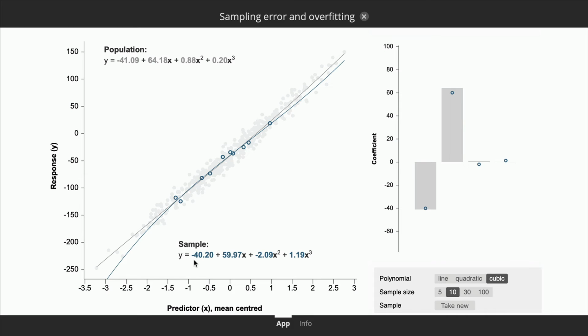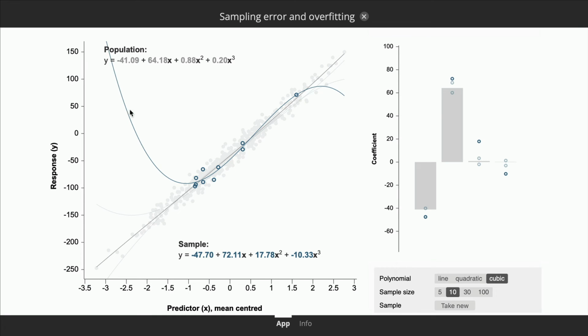But if you look at the sample, you can see that they are much larger or smaller, because it's negative, right, than 0. Moreover, if I start taking a new sample, look at this one, how different is it, right? Again, this is the polynomial of degree 3 for the population, although it looks like a line because this coefficient and this coefficient are 0, but you can see a small curvature here.